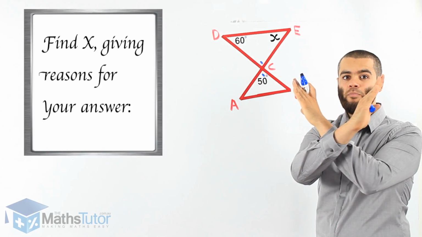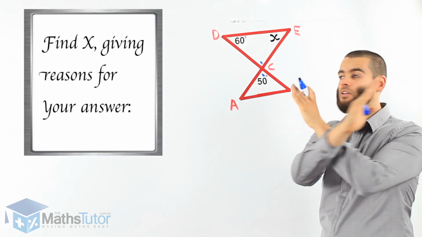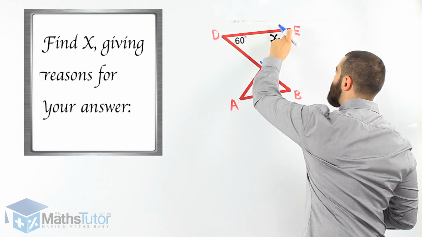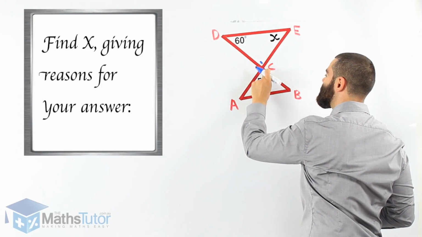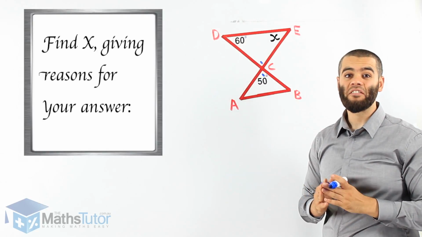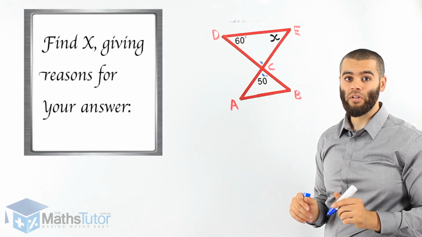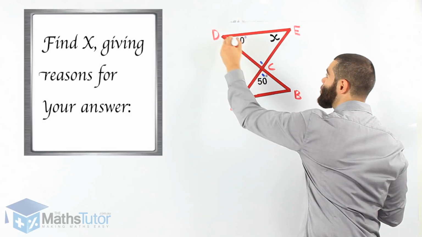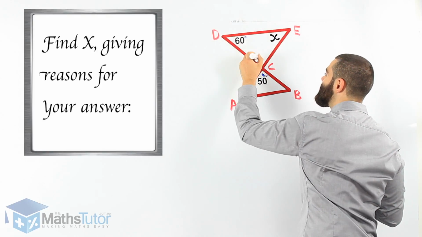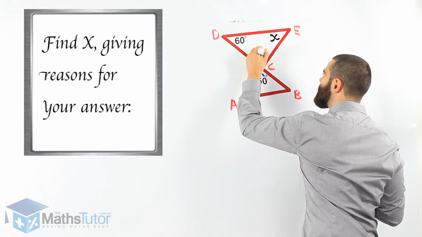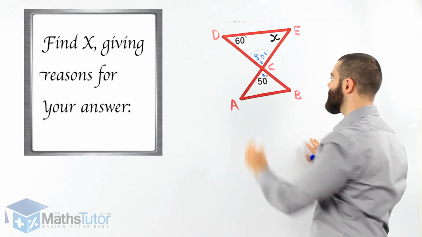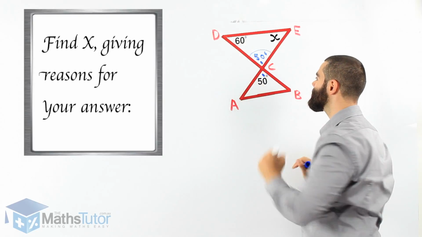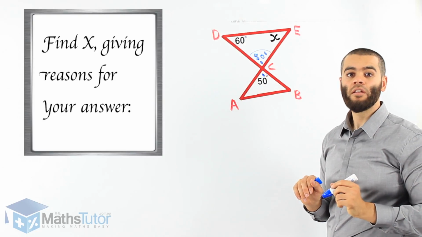When two straight lines meet and they cross like that, there are angles here and these are vertically opposite. They are equal in size, which means angle DCE is also 50 degrees.